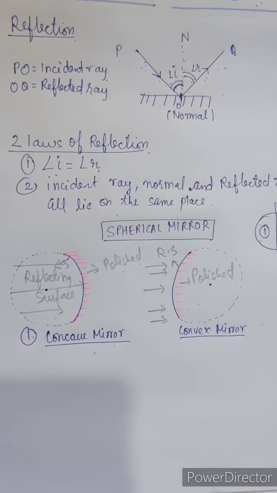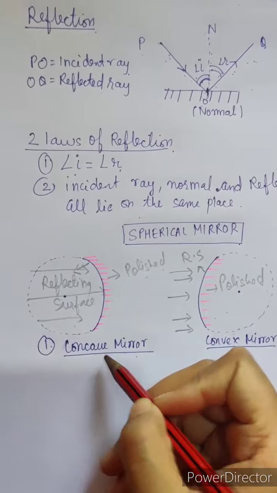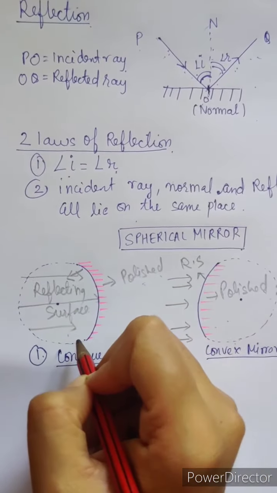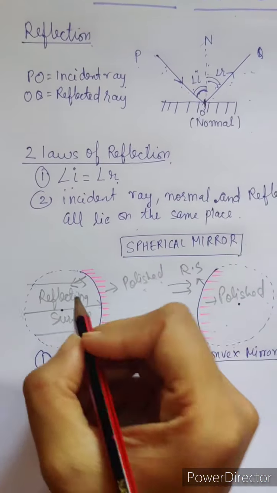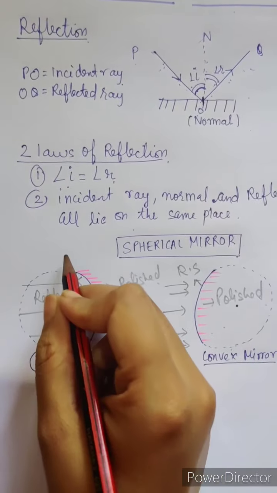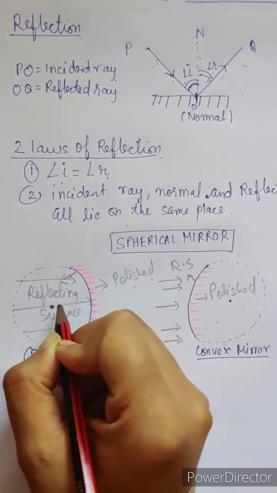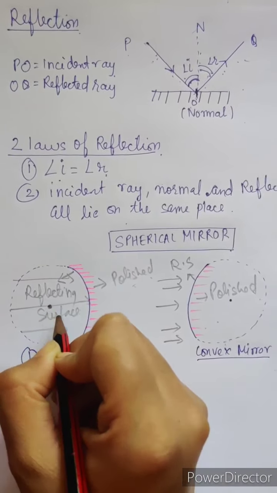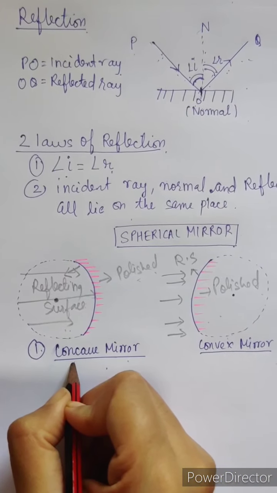I hope you all understood. A spherical mirror whose reflecting surface is curved inward, you can see here the reflecting surface is curved inward and facing towards the center of the sphere. This is the center of the sphere. Cut the whole sphere into two parts, and this reflecting inward surface facing towards the center of the sphere, this particular mirror is termed a concave mirror.